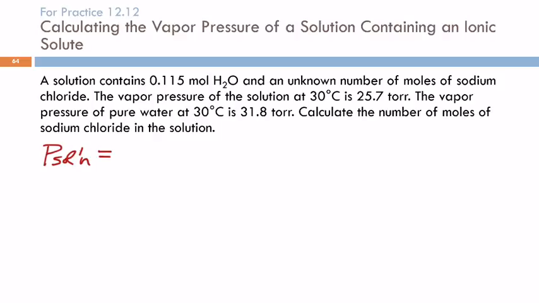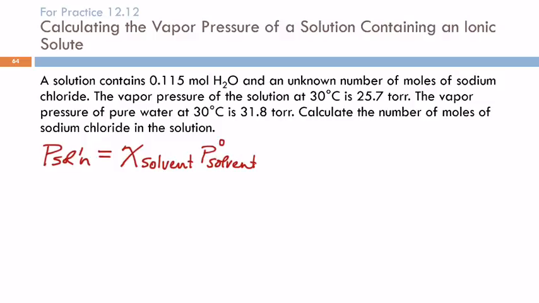Another funky capital Greek letter. Chi, the mole fraction of the solvent times the vapor pressure of the pure solvent. It's a good thing that test is open book, huh?